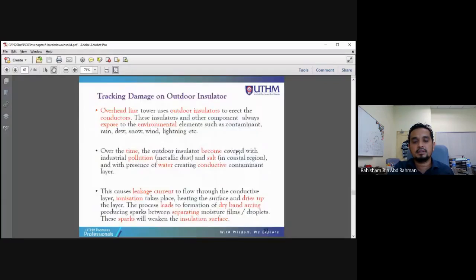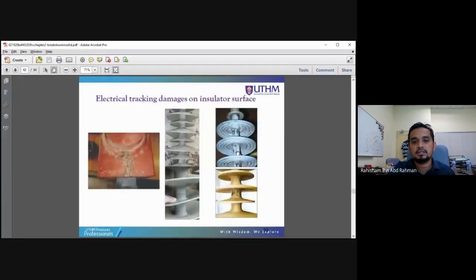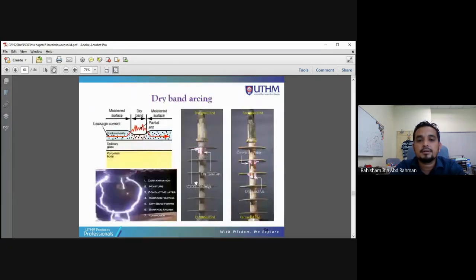And electrical tracking is the degradation on the surface of the insulator due to the arcing phenomena. We have the discharge, and then the discharge consumes the surface of the insulator. It means that the discharge is for a very short period of time, but the magnitude of current is quite high, and the heat generated from the discharge will cause a burn to the surface of the insulator, as what we can see here.